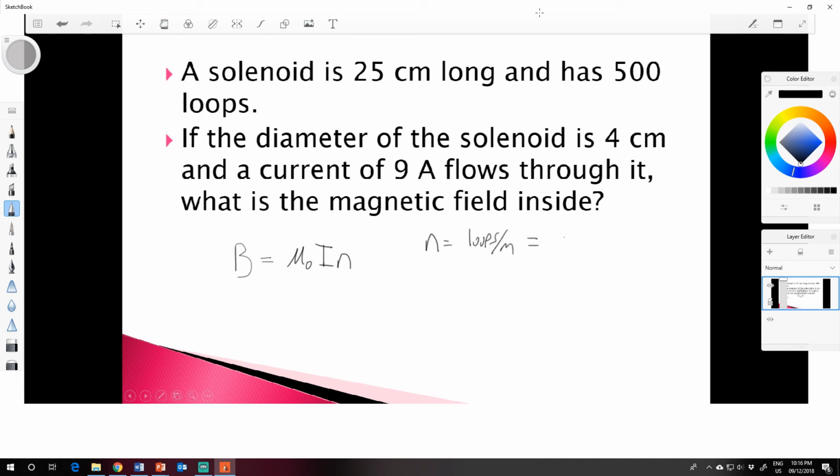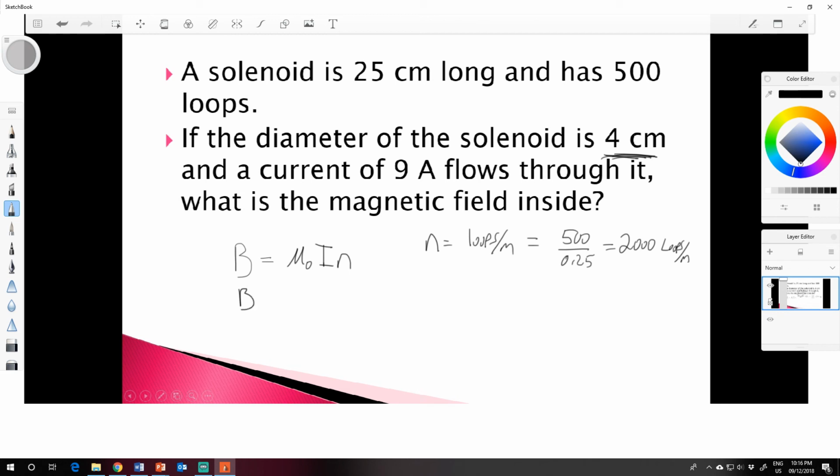So this is going to be 500 loops per 25 centimeters, or 0.25 meters. This will be, I think, 2,000 loops per meter. The diameter of the solenoid doesn't actually matter. That's kind of extra information, right? So we have a current of 9 amps flowing through it.